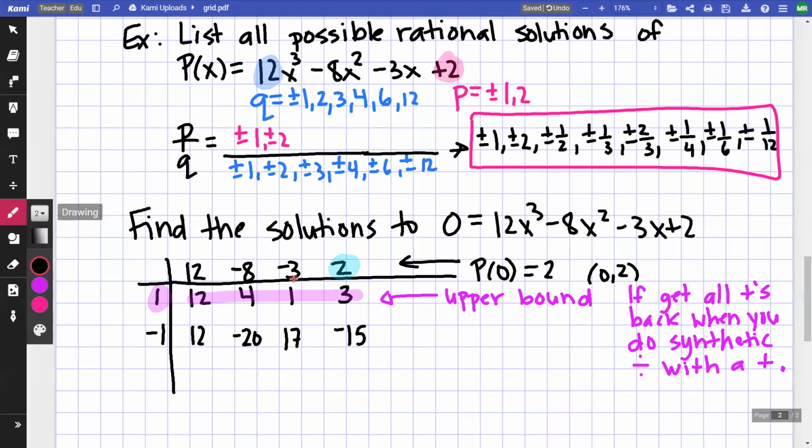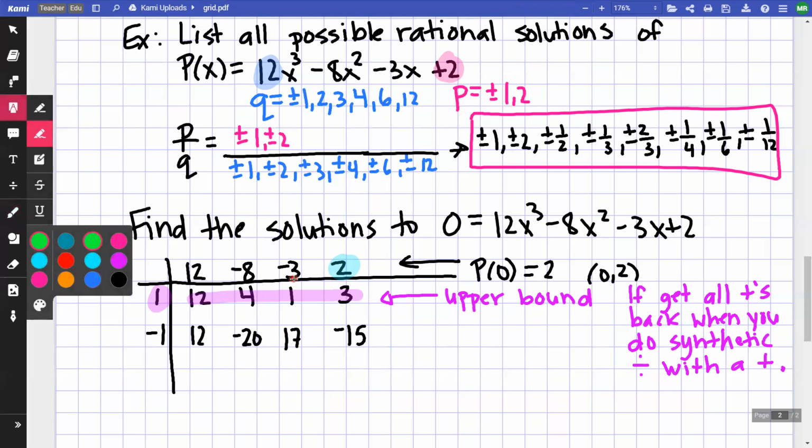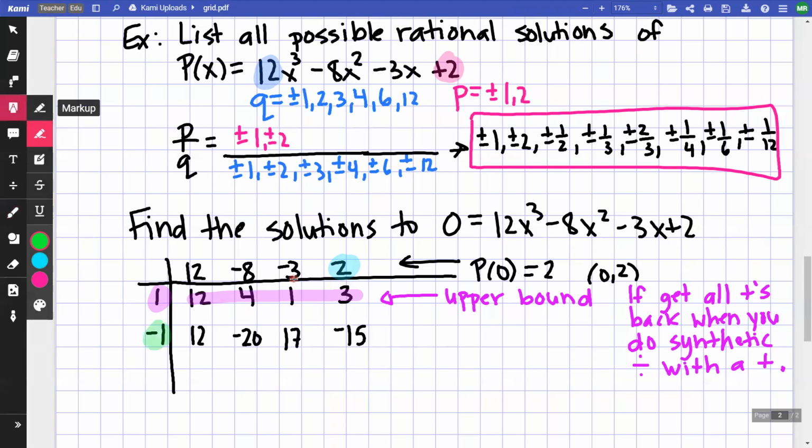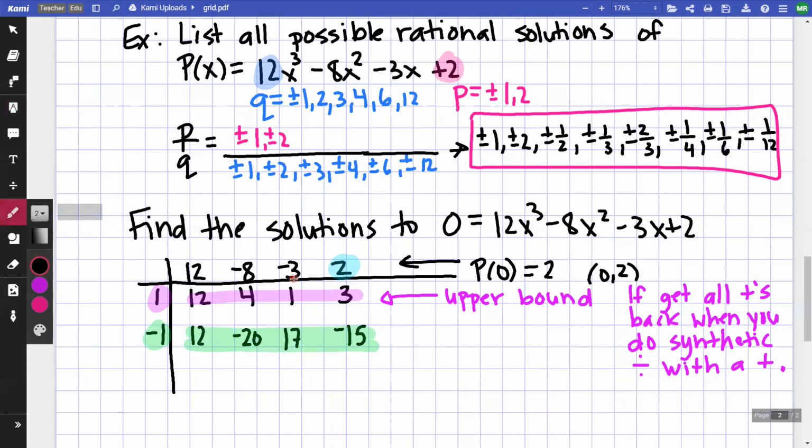Now, what you want to pay attention to is the following. I ended up in this situation with a negative number that I'm trying, and I ended up with alternating signs.